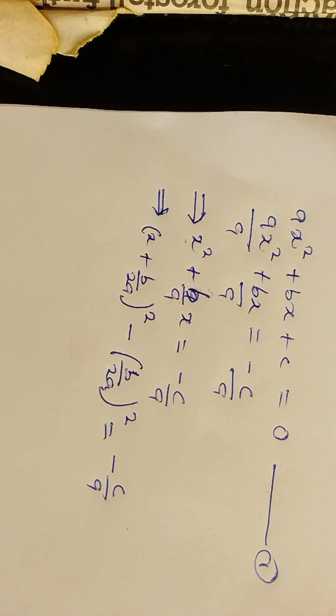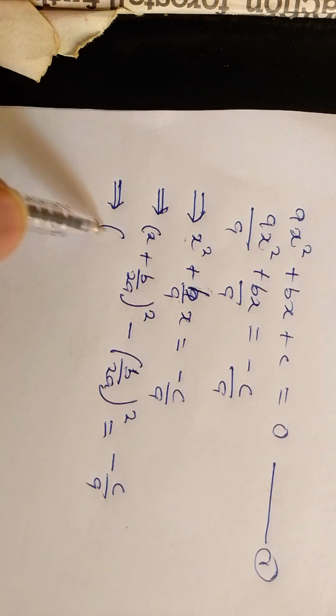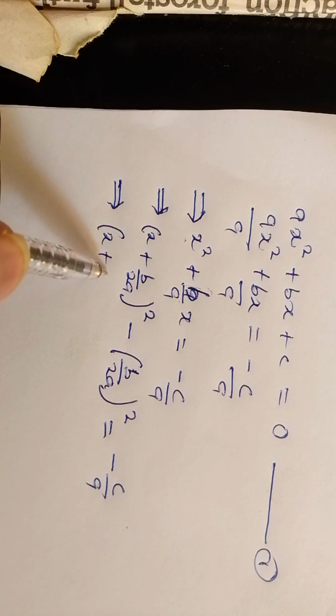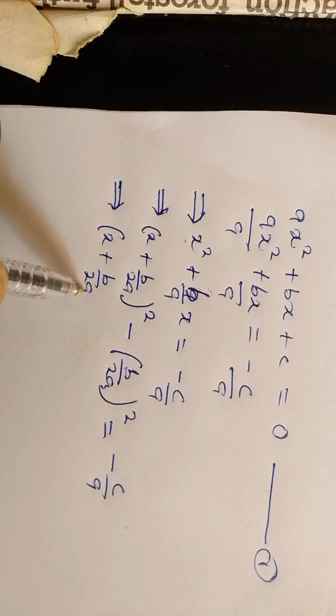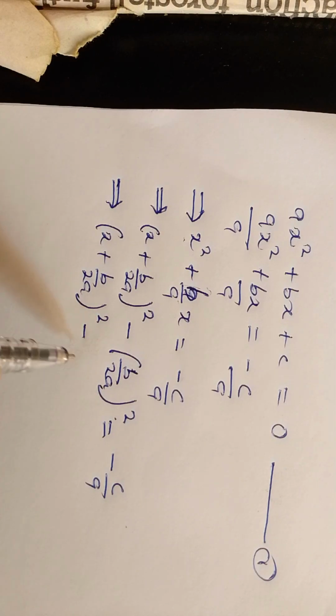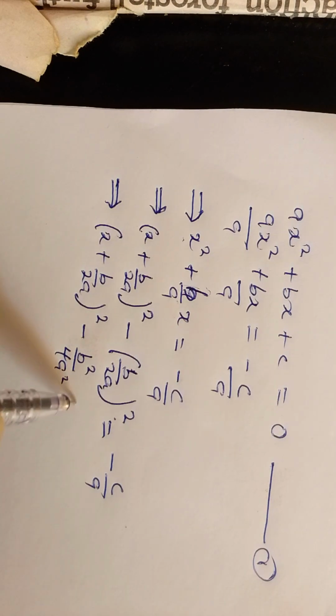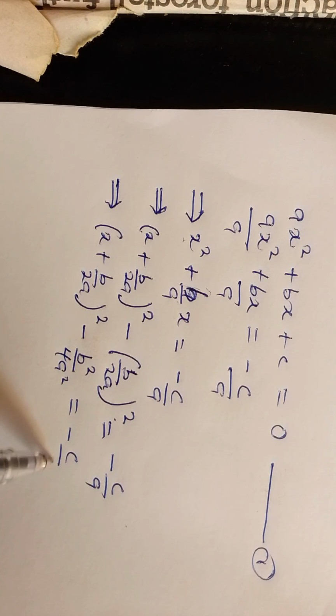Alright, so now this leads to x plus b over 2a squared minus b squared over 4a squared equals negative c over a.